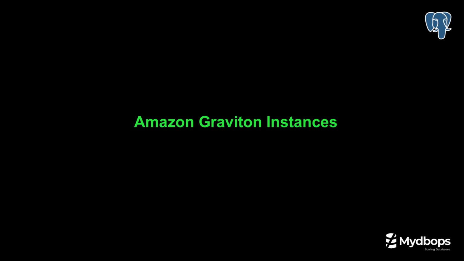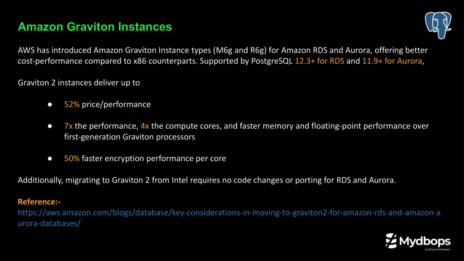Next up, we have the Graviton instances. AWS had introduced Graviton instance types M6G and R6G for Amazon RDS and Aurora DB services, which offered better cost performance as compared to the x86 counterparts like Intel machines. It is supported by Postgres version 12.3 and higher for RDS and 11.9 and higher for Aurora servers.